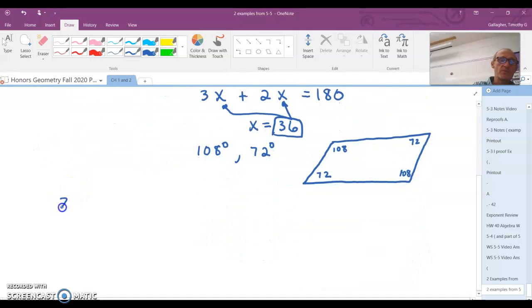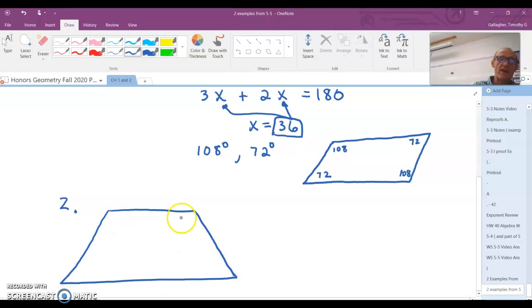Example 2 is an isosceles trapezoid with two diagonals. And it's P here, D here, Q here, X here, and Y here.